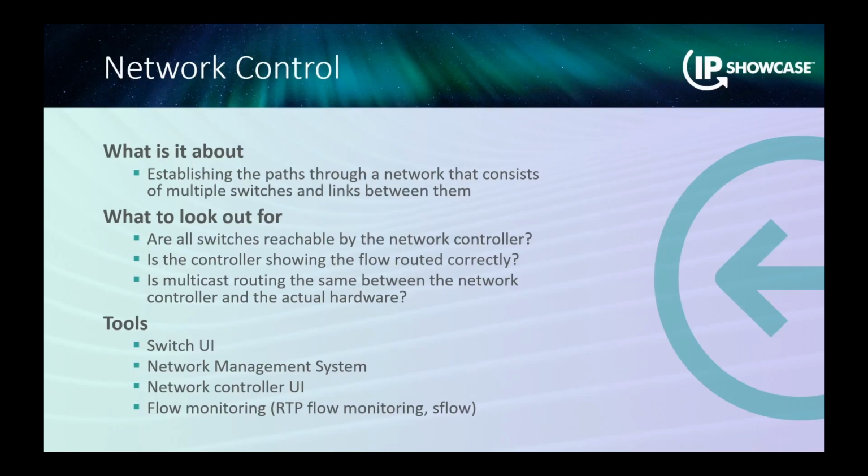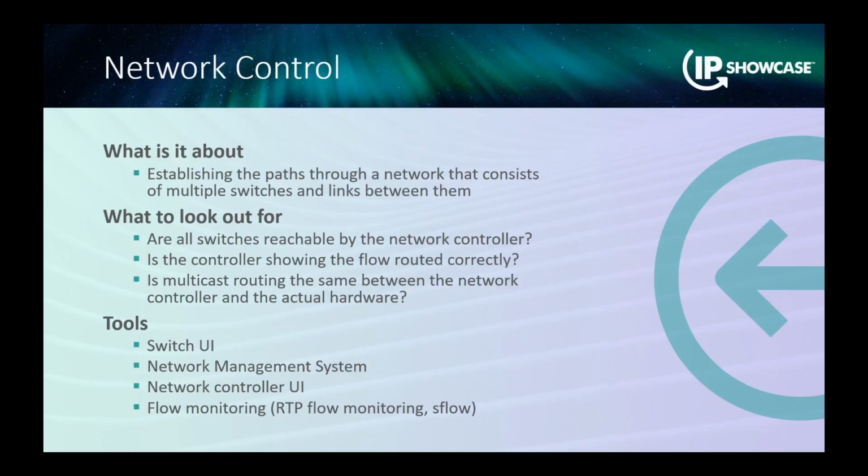We have seen one instance where redundant paths were not disjoint, and that's something you can check for. And then, of course, you want to check whether the routes got programmed correctly into the switch. Usually this is not a problem, but if there is a problem, you can check that the route or the path displayed by the network controller is the same as the path displayed on the switch UI.